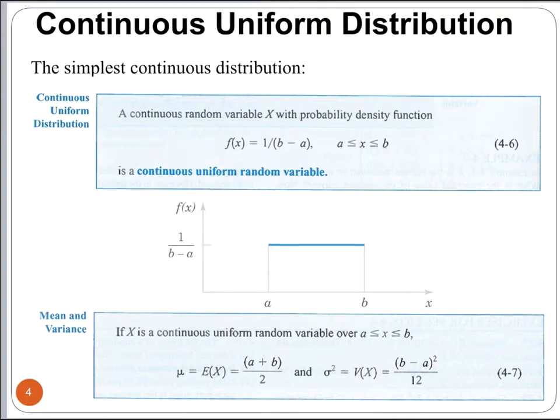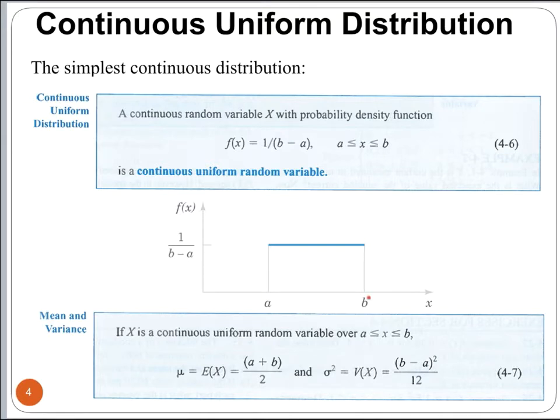Now, given that the random variable x starts at the value A, finishes at the value B, and the value of the probability density function, small f of x, is a constant value, then it must be that, as we know, the total area under this curve, which is the total probability, should be equal to 1.